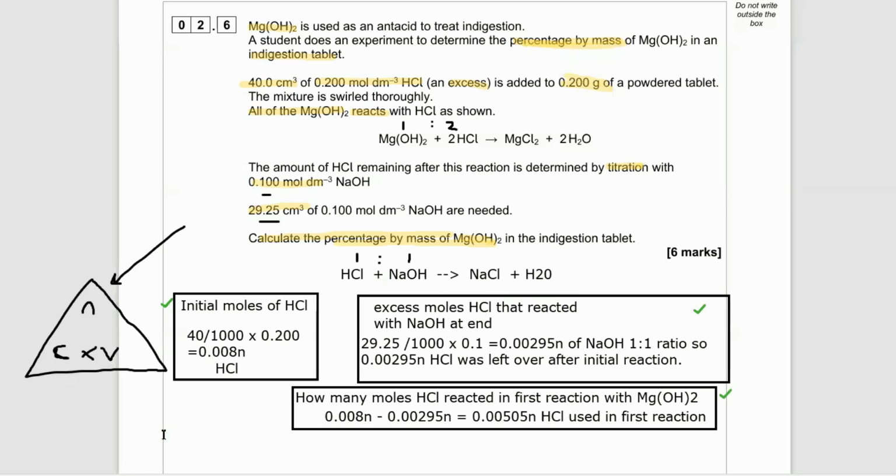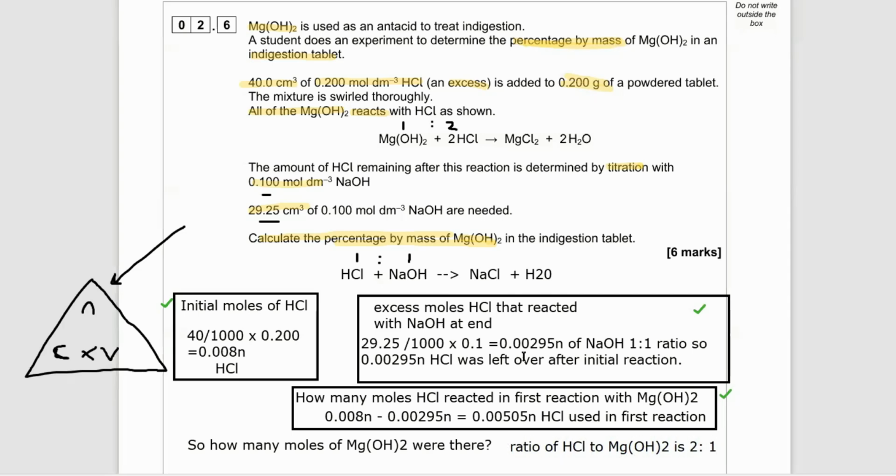So how much magnesium hydroxide was there? Remember, that was all fully reacted, and we highlighted that. That was part of the stem of the question. So how many moles of magnesium hydroxide were all used up and reacted in that first reaction? Well, we need to take the moles of HCl, which was 0.00505, as it was a ratio of 2-to-1.